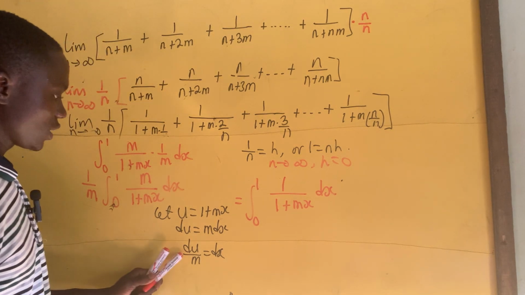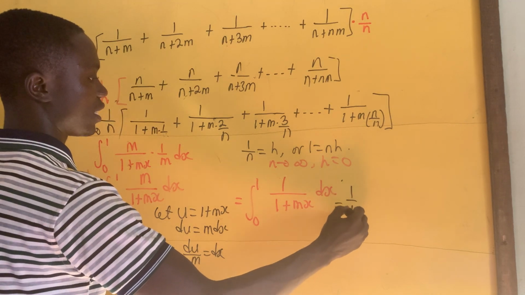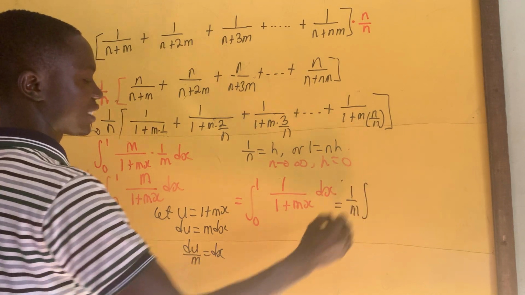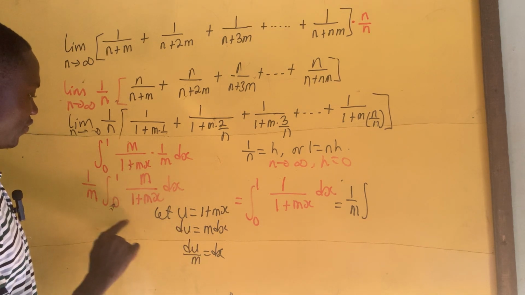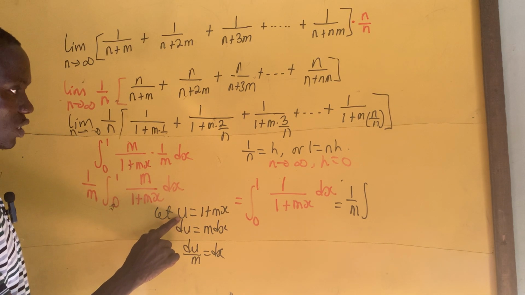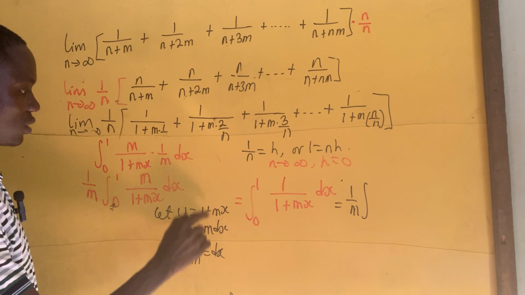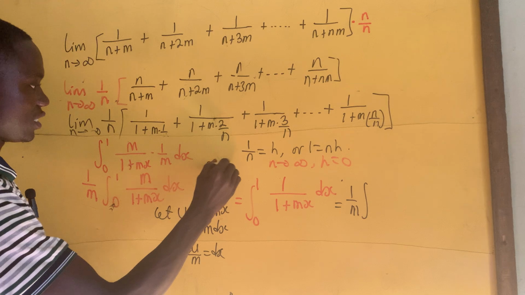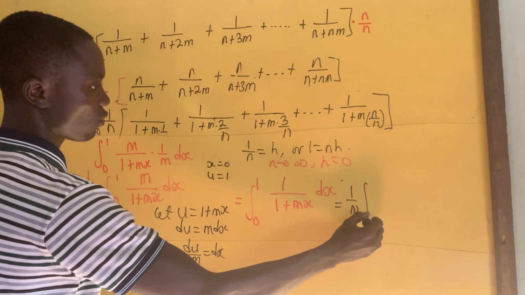Now let me put in the limits. If x is 0, we have u equals 1, so we have 1 here.